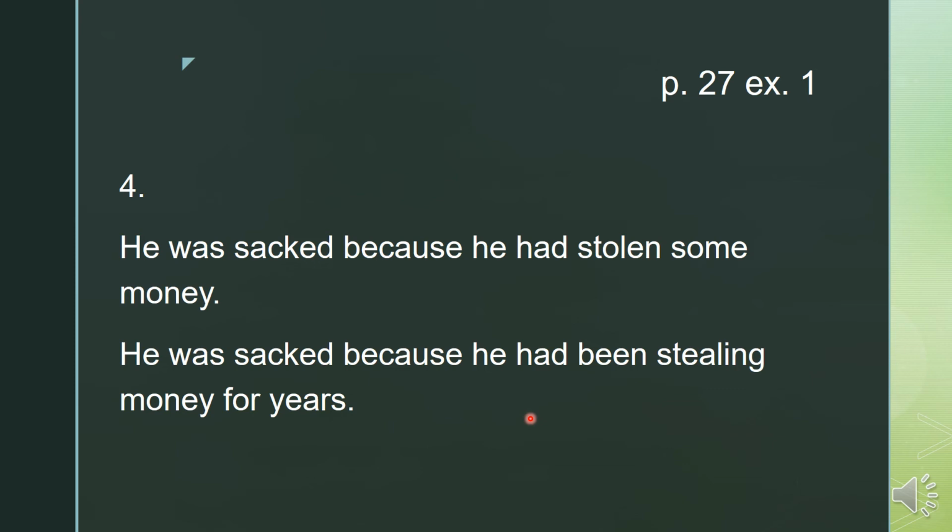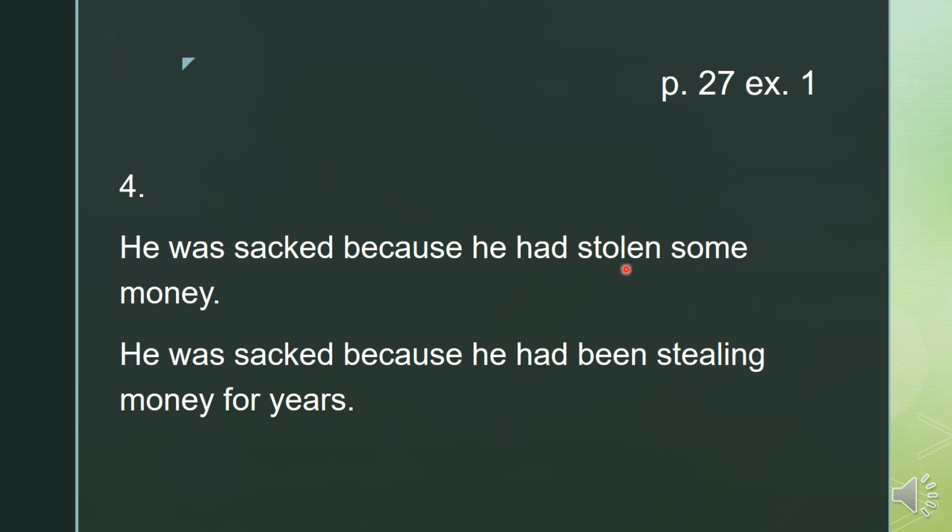Maybe he started off just stealing 50 reals here, 100 reals there, and then pretty soon he was stealing thousands of reals every month, right? Maybe now he owes his employer 50,000 reals, 100,000 reals, a million reals. I don't know, but this is a bigger problem, right? Sounds like a bad guy, right? Because he'd been doing it over and over and over again.